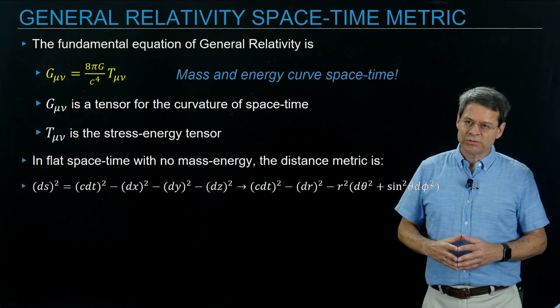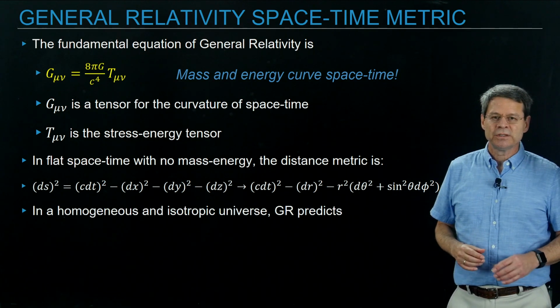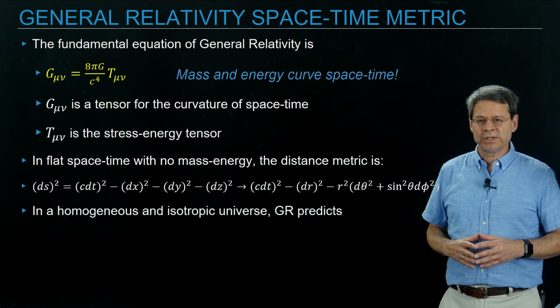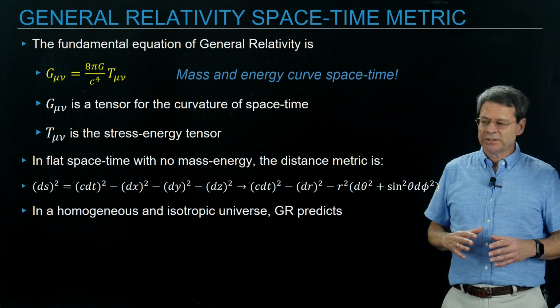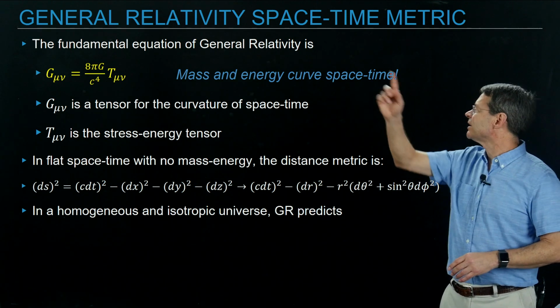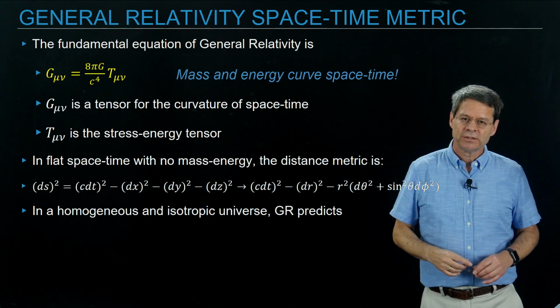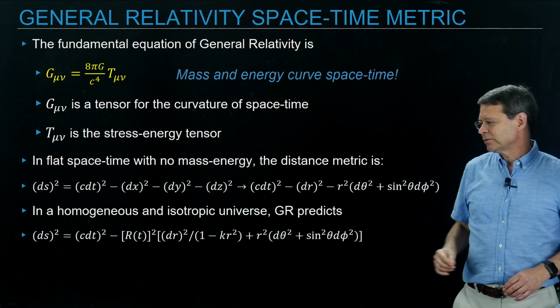Now, what happens if you do have some mass energy? For example, the universe. If we have a homogeneous and isotropic universe, that is, it is of the same mass density throughout and looks the same in all directions, general relativity predicts this metric. So it looks somewhat similar.